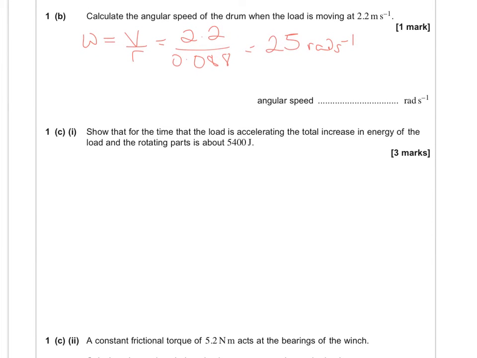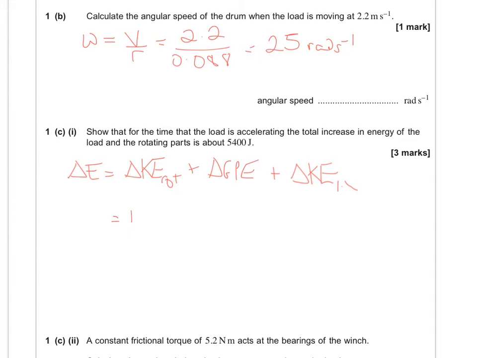Show that for the time that the load is accelerating, the total increase in the energy of the load and the rotating parts is 5,400. So the change in energy is going to be the change in your rotational kinetic energy plus your change in GPE, and we'd also have the change in the kinetic energy in a linear direction, because obviously the mass is also moving up with velocity.